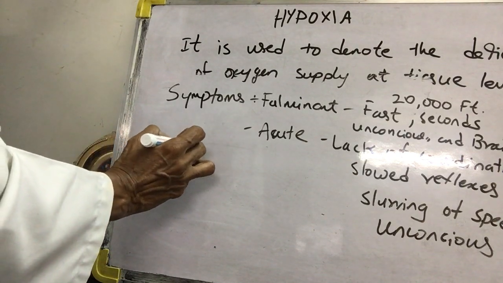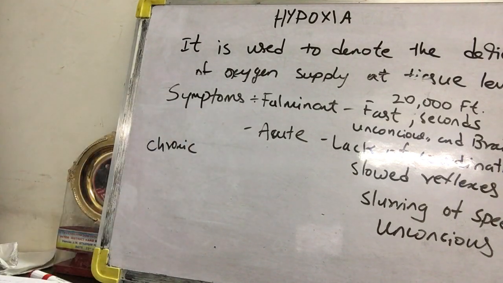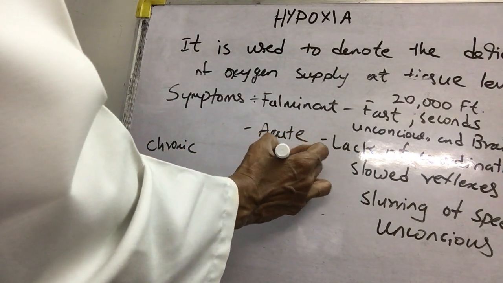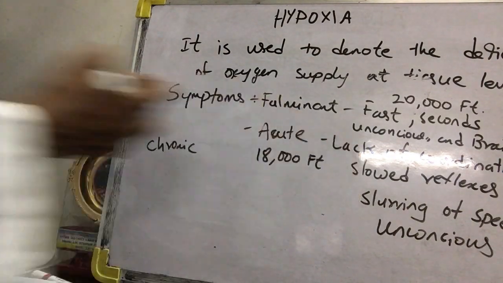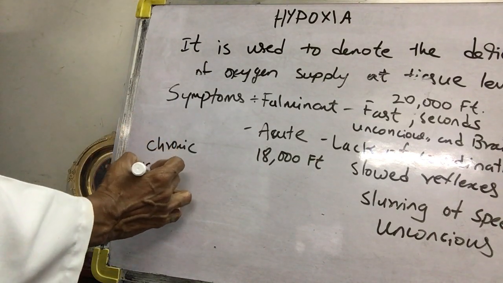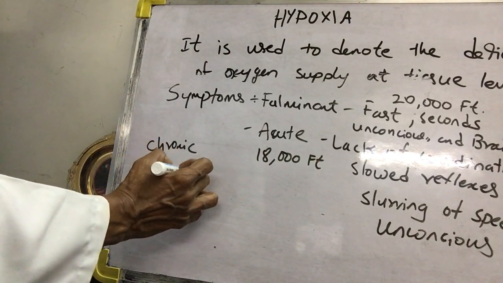Now, chronic symptoms. These acute symptoms will occur at an altitude of 18,000 feet, and chronic symptoms will occur at an altitude of around 15,000 feet.